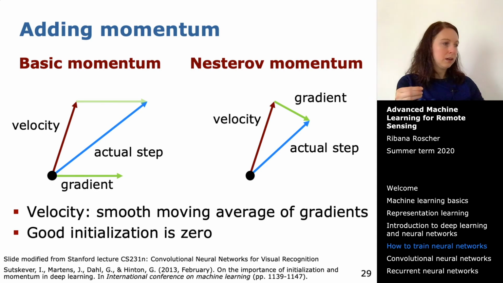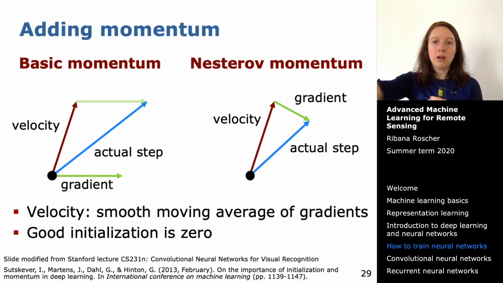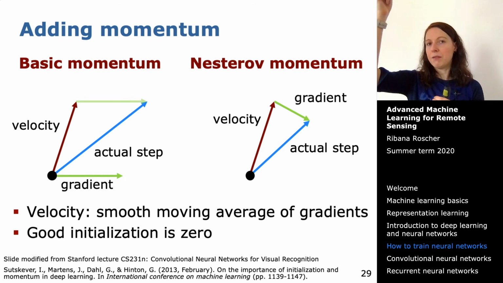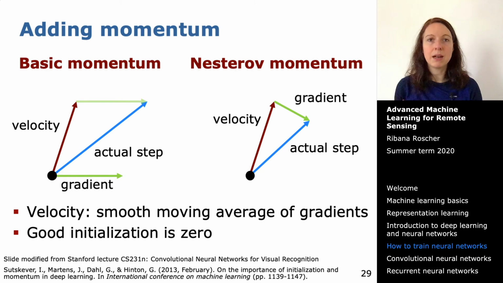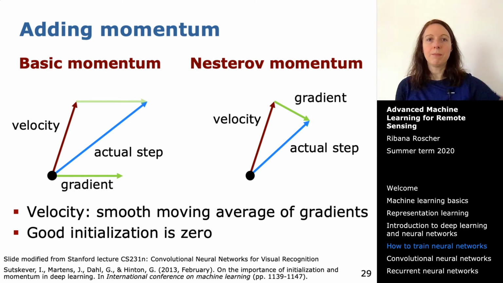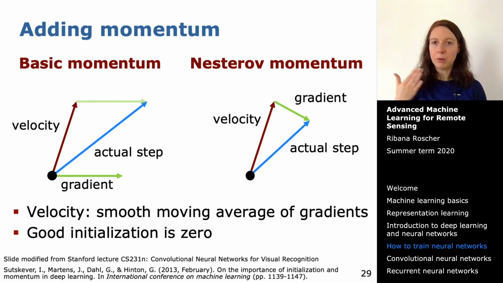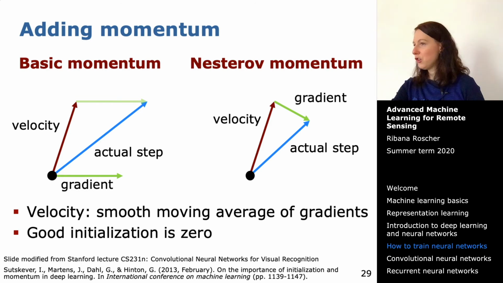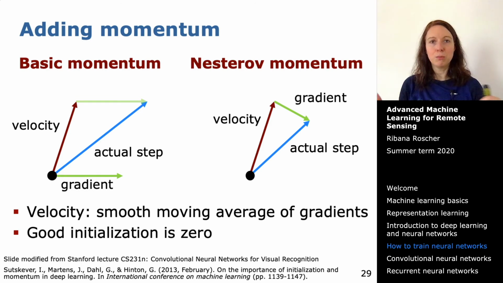You have the gradient which points in one direction, and you have the velocity, which is the smooth moving average over the gradients from the last steps. In the end, you have the actual step you take. So it's not that the gradient moves from here to here and back and forth. It's more smooth in the end.